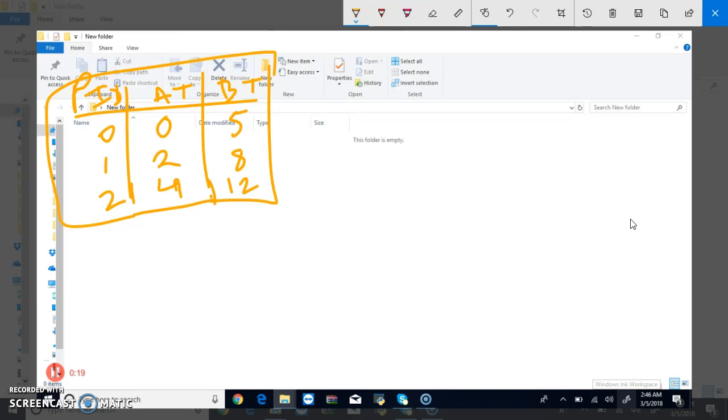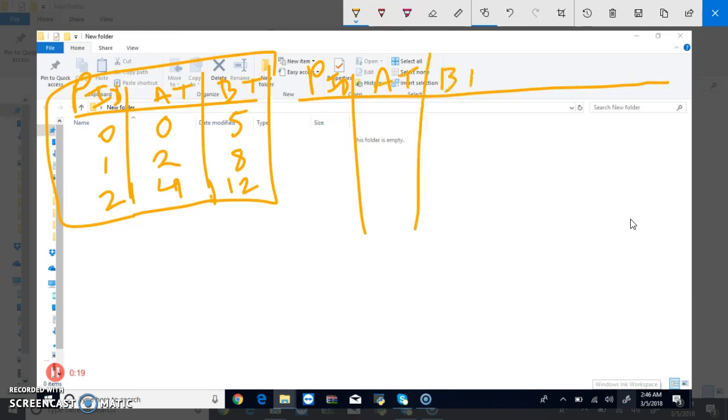First you need to take a scratch paper like this. Write process ID, arrival time, burst time, completion time, waiting time, turnaround time.